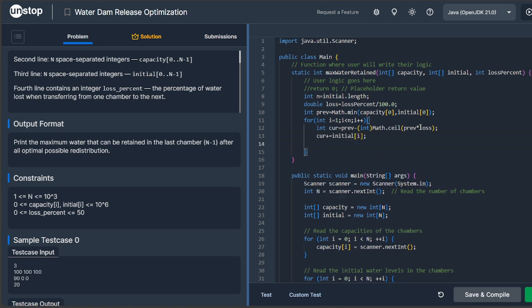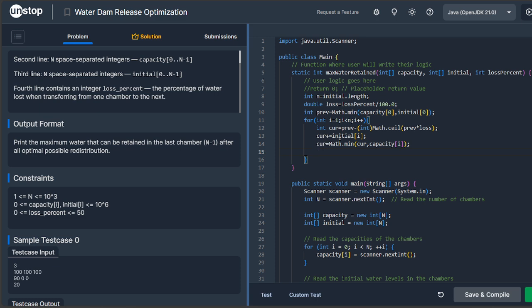Now you need to check if it is overflow or not. In that case, only the maximum capacity we can take. So for that purpose, let's take curr is equal to Math dot min of curr comma capacity of i.